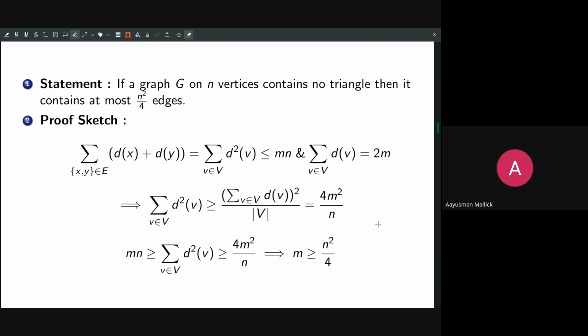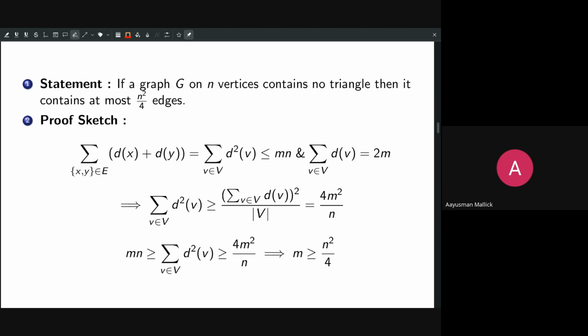Now d(x) plus d(y) is always less than or equal to n, and we can conclude it from Swayanshu's argument that we can choose two neighboring vertices, and we need to make sure that they don't share a common neighbor, because if they do, that would form a triangle.